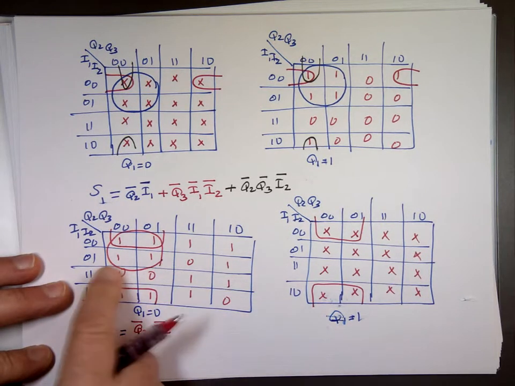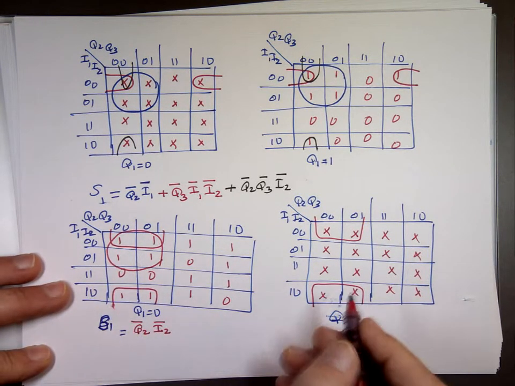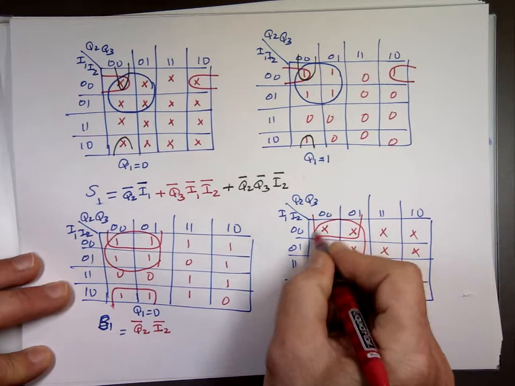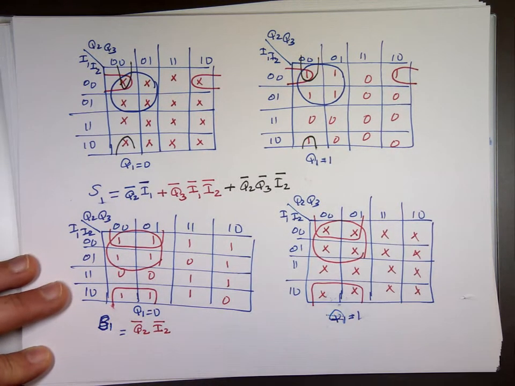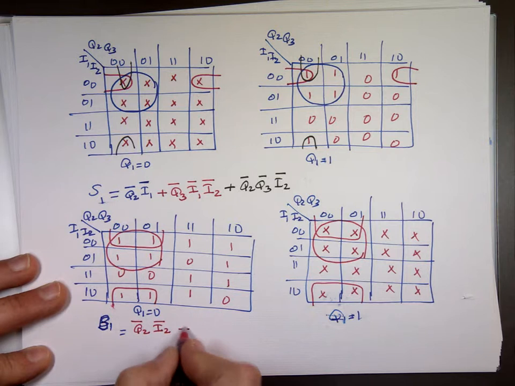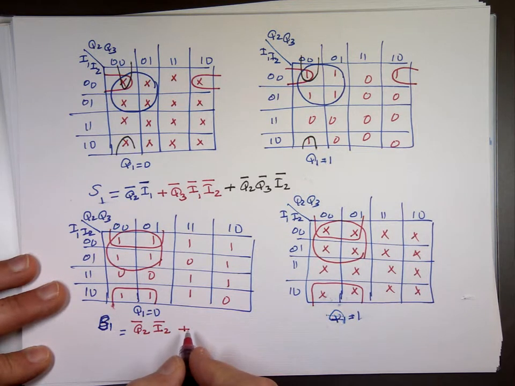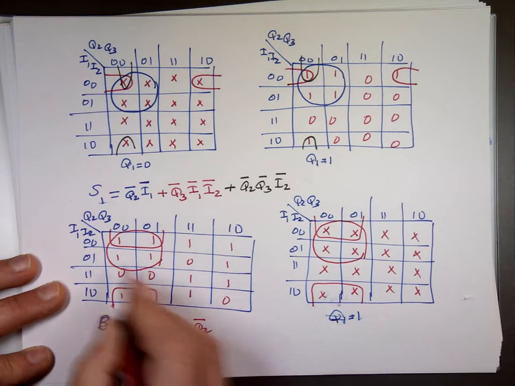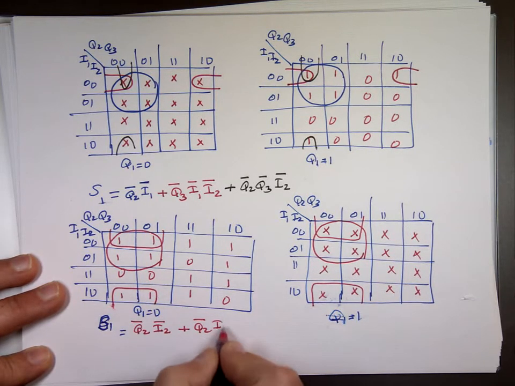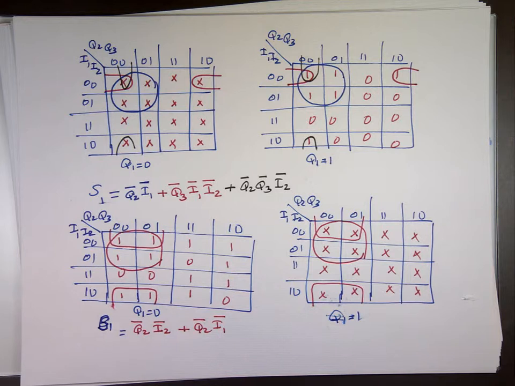Because I'm not going to get rid of these 2 here. With these 4 1s. And that will be Q2 not, I1 not. Yuck.